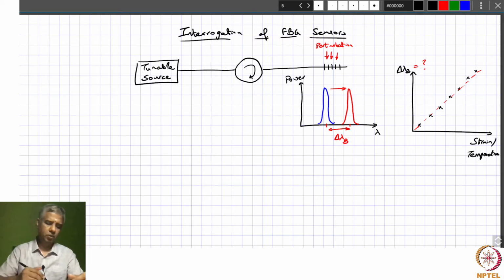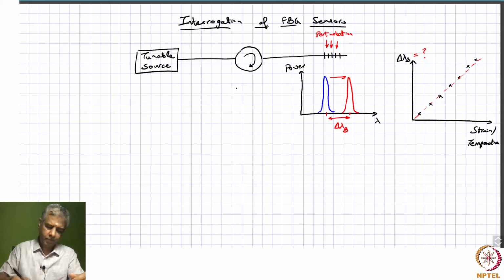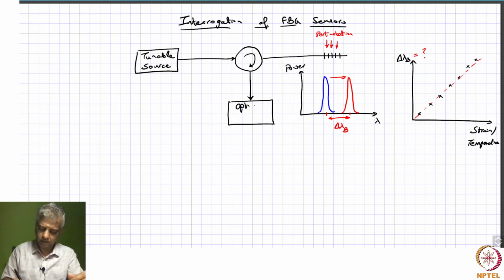So you could possibly use a tunable laser source, and then you can interrogate this fiber Bragg grating with that. Whatever is reflected back from the fiber Bragg grating, you can just directly put to an optical receiver.